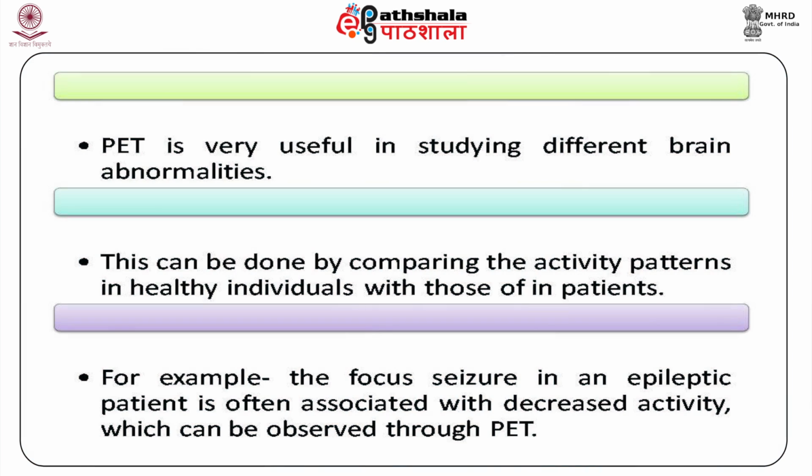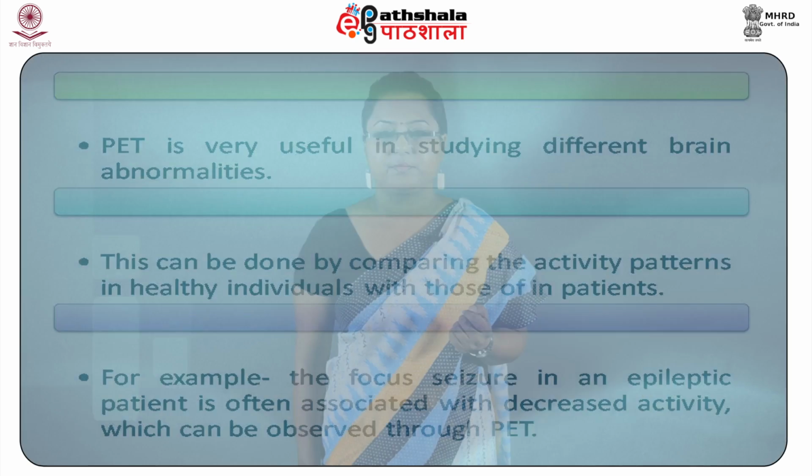PET is very useful in studying different brain abnormalities by comparing the activity patterns in healthy individuals against the patterns obtained in patients. For example, the focus of a seizure in an epileptic patient is often associated with decreased activity, which can be observed through PET.